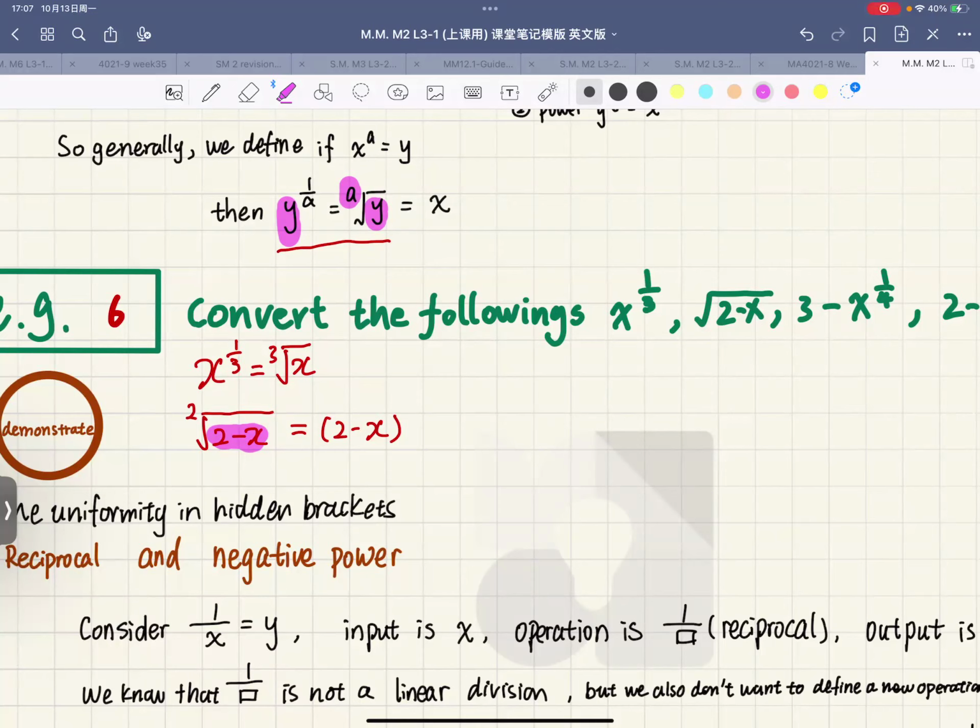So we have y equal to 2 minus x. If we want to convert to the form y to the power of 1 over a, with a equal to 2, this is equal to (2 minus x) to the power of 1 over 2.